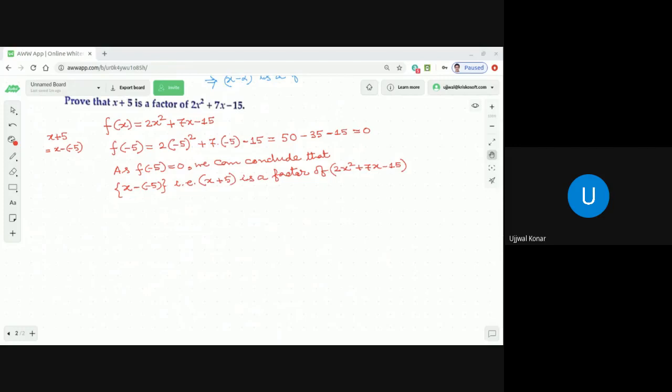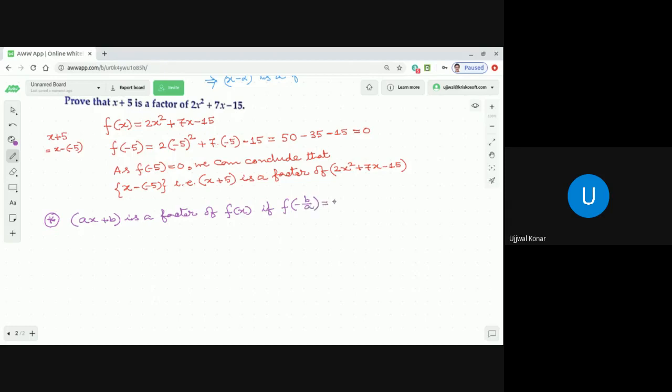Another side discussion I can tell you that you should also remember very well is that ax plus b is a factor of f(x) if f of minus b by a is equal to 0.